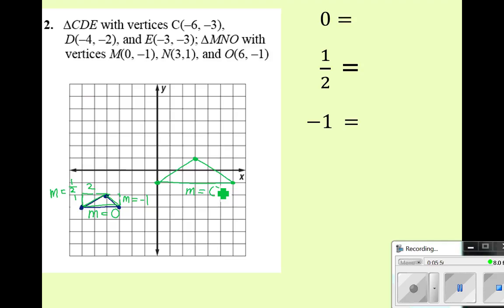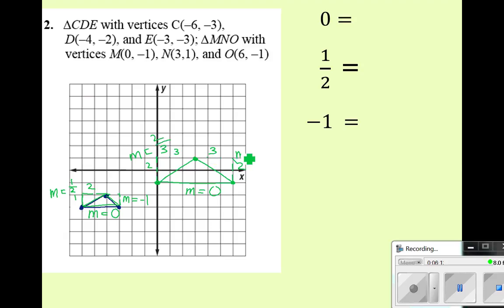Then I have this one. I'm going to go up 1, 2, over 1, 2, 3. So that's m equals 2 over 3. I already know that they're not going to be similar, but I'm going to double check the last one. 1, 2, 1, 2, 3.